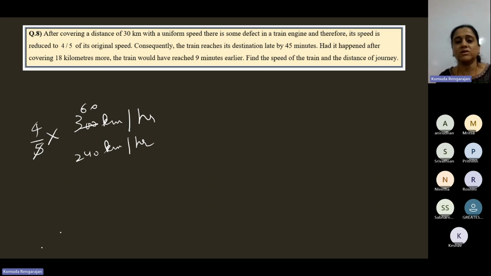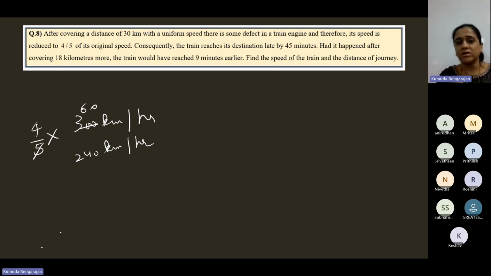The train would have reached 9 minutes earlier, meaning not 9 minutes earlier than the scheduled time. How can it reach earlier than the scheduled time when the speed is reduced? It's not going at its uniform speed.